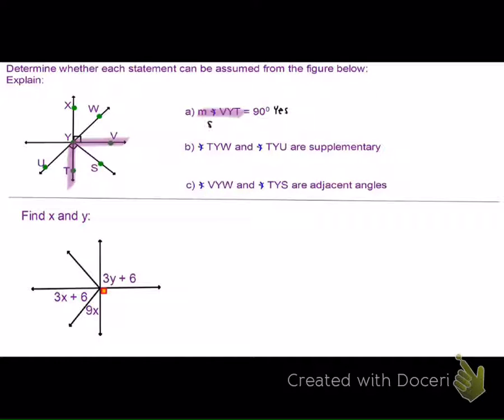And the reason is, since angle XYV, which is this angle here, has a 90 degree marking, and angle XYV and angle VYT form a linear pair, it has to be 90 to add to 180.